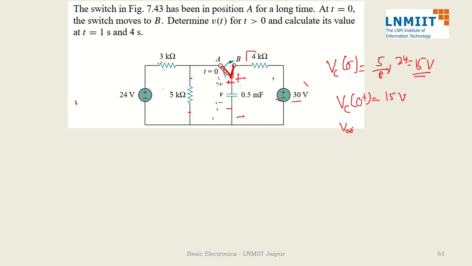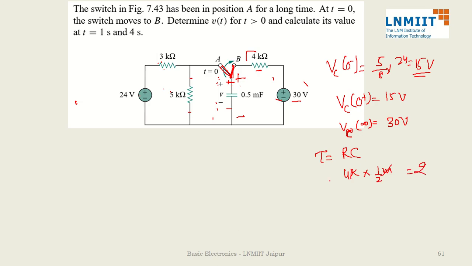That means V infinity across the capacitor will be 30 volt. And what is the time constant? That is RC. So what is R now? That is only 4K, so 4K into C, which is 1 by 2 milli, that means 2.